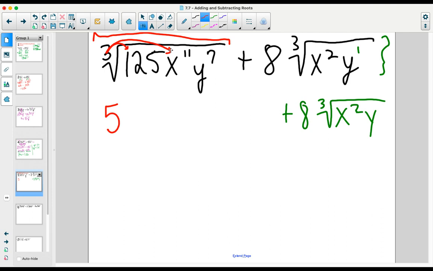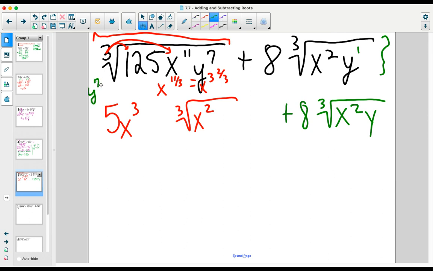Well, the cube root of x to the 11th is x to the 11 thirds, which is x to the 3 2/3, putting 3 x's out here and 2 x's on the inside, which is exactly what we wanted to have happen.